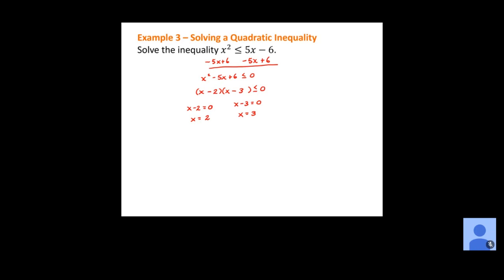Now, at that point, what I'm going to do is I'm going to draw a number line. And I'm going to put those two values that I just got there on my number line. And eventually we'll do some that have even more values to put on the number line than that. Okay, so for right now, we just have two values. We're putting both of them on the number line.